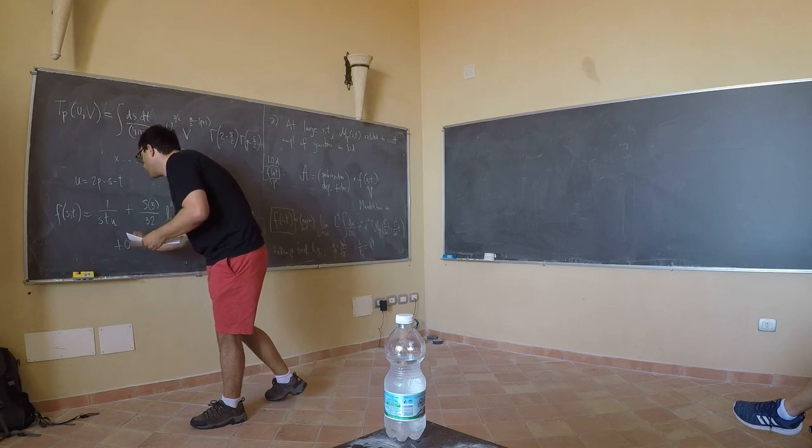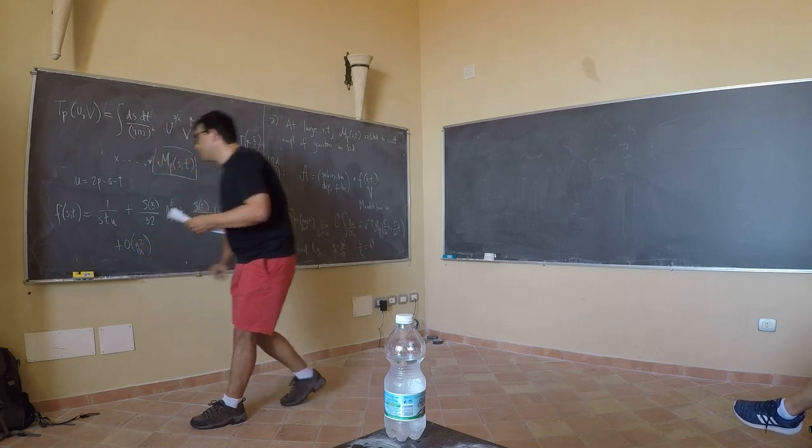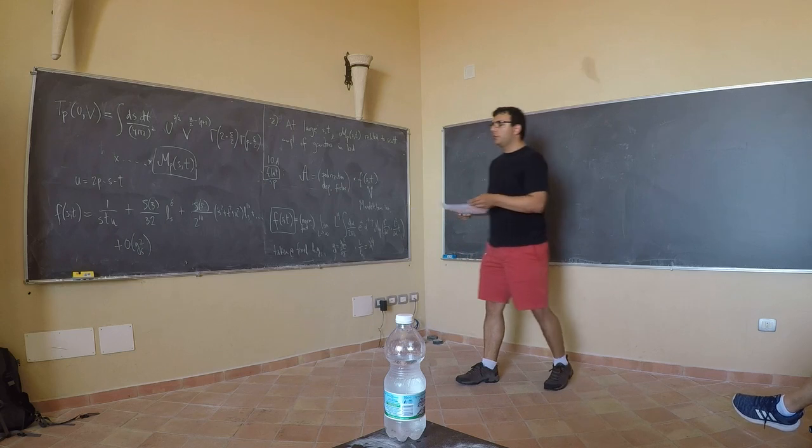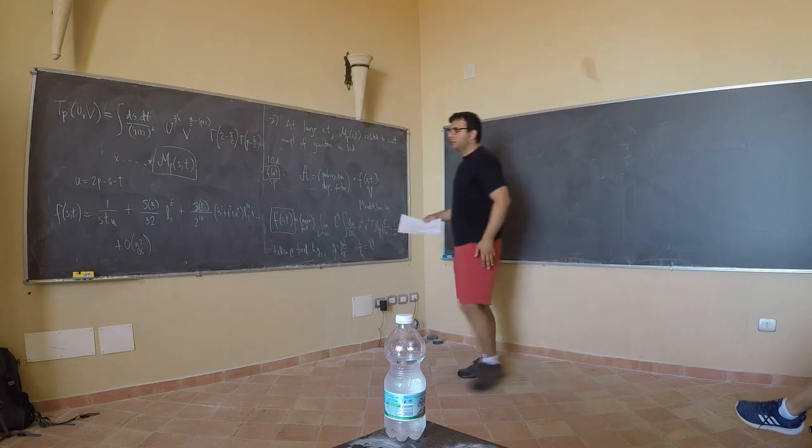And then it has higher order terms in G string. So this is the G string to the 0 piece, and then the corrections within G string.